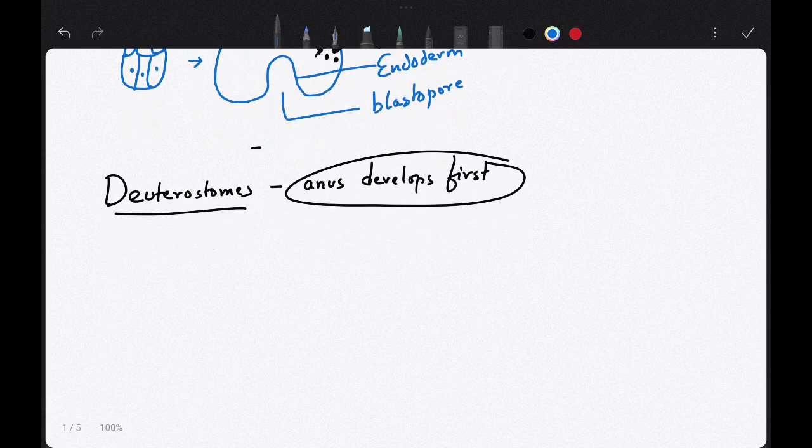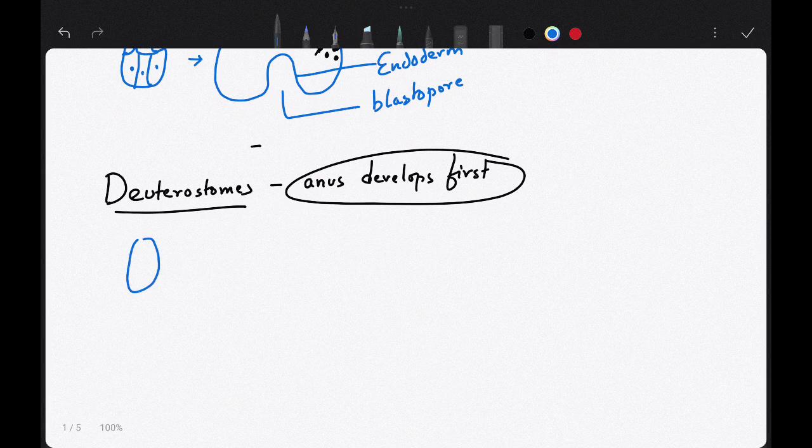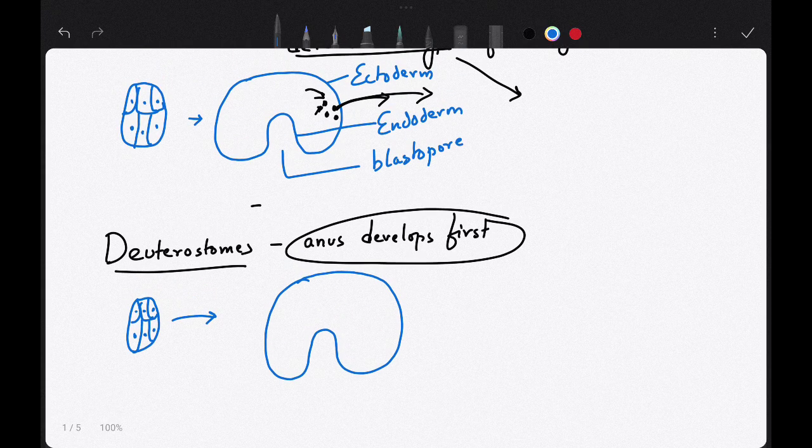So what happens in them is that, suppose this is the morula stage, and this is the gastrula stage. In them the blastopore region gives rise to the anus, that is, first the anus will form, then the mouth will form.